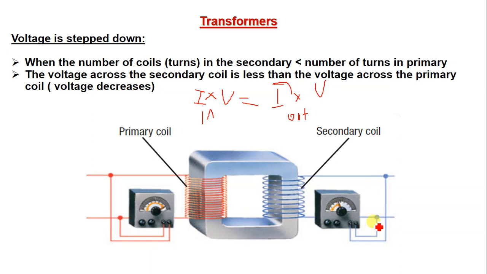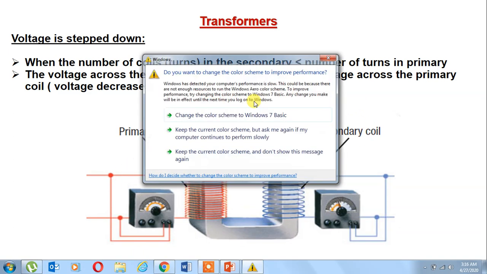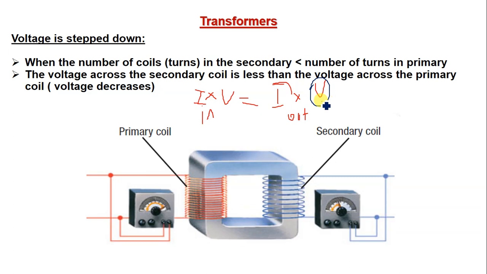This type is step down, meaning that the output voltage, the voltage given by the transformer, is less than the voltage given to the transformer. So this V is less than this V. I put 2 for example to make it easier for you. So here V2 is less than V1.